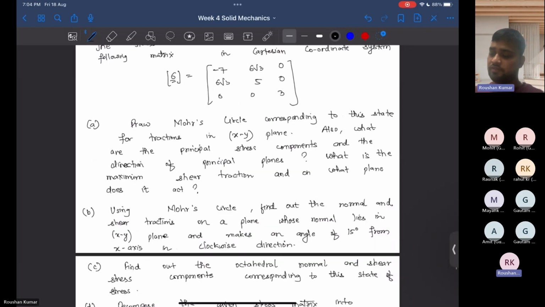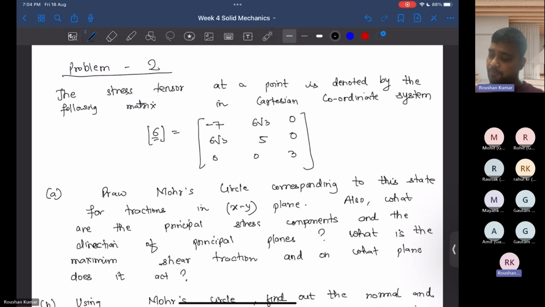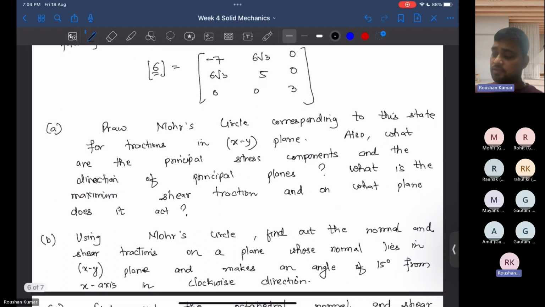So this question has parts, and it has given a stress tensor here, the component of stress tensor. The first part is to draw a Mohr circle corresponding to the state for traction in xy plane. Also the principal stress component and the direction of the principal plane we have to find out. We also have to find what is the maximum shear traction and on what plane does it act.